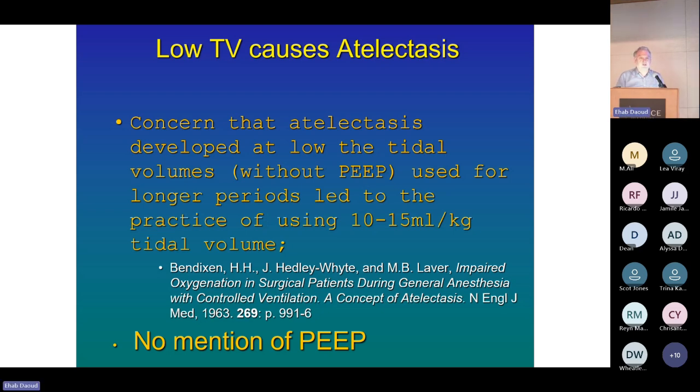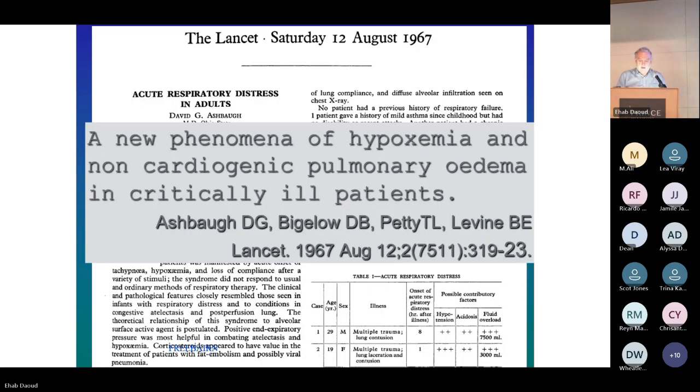And of course, in 1967, ARDS was first described, 5 years after Hedley-White had described the use of high tidal volume. This new phenomenon of hypoxia and non-cardiogenic pulmonary edema in critically ill patients was described.